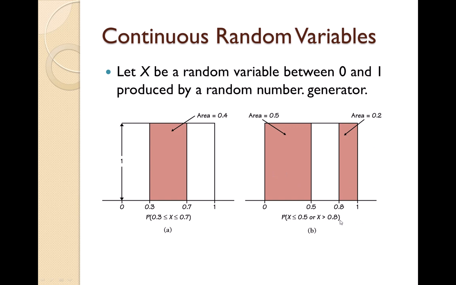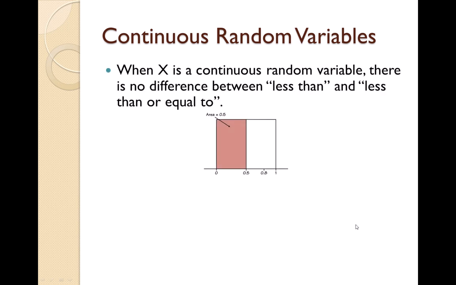All right? Now keep in mind, I'm about to show you that x being greater than 0.8 and x being greater than or equal to 0.8 will give you the same area here, all right? So when x is a continuous random variable, there is no difference between less than and less than or equal to, because the difference here is going to be this line here. And a line geometrically has no area.